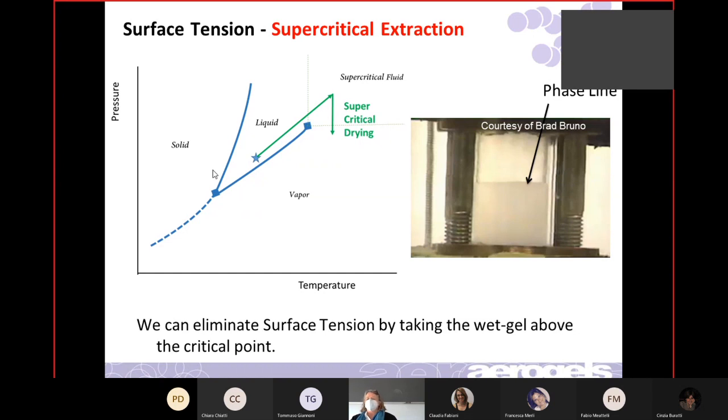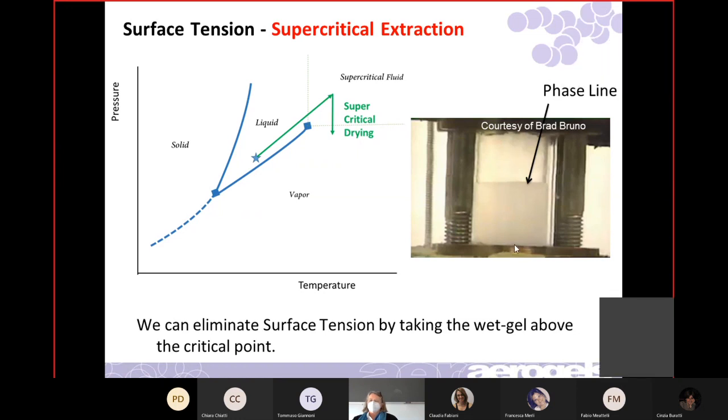So again, the idea is to raise the temperature and pressure enough to stay in the liquid form up to the supercritical state, and then you lower the pressure to get around that liquid vapor line. And this is a video, see if it works. This is a video made by a colleague of ours at Union College.